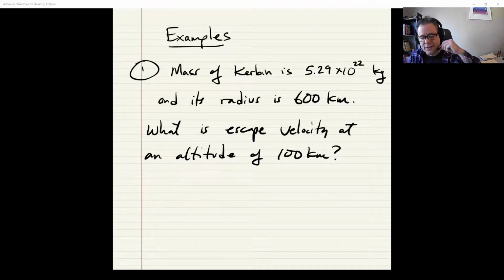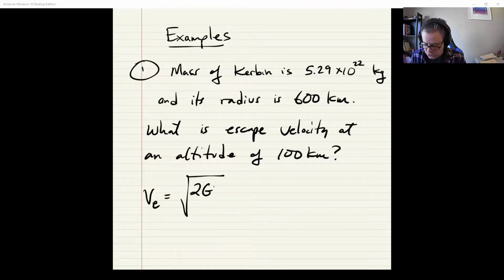So let's look at an example. The mass of Kerbin is 5.29 times 10 to the 22 kilograms, and its radius is 600 kilometers. What's the escape velocity at an altitude of 100 kilometers? Escape velocity is the square root of 2 times GM over the orbital radius.